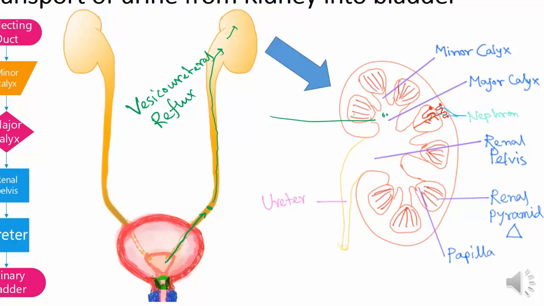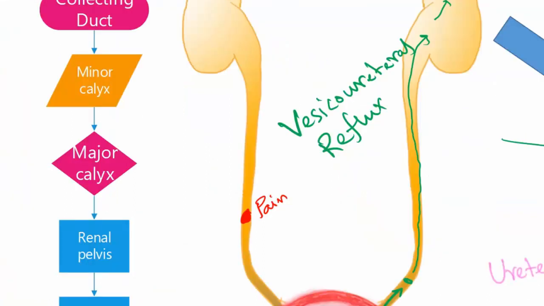So suppose it is blocked by a stone. This stone causes a reflex constriction of the ureter, and there is severe pain sensation, and this severe pain leads to constriction of the renal arteriole.